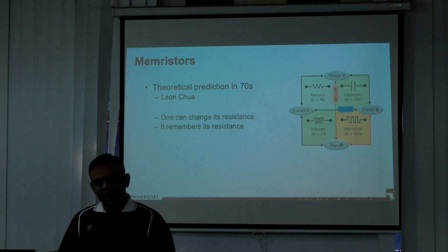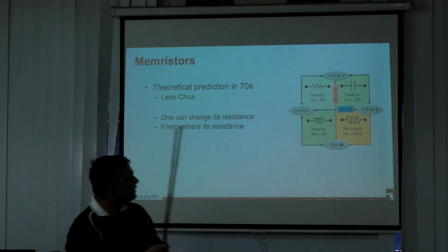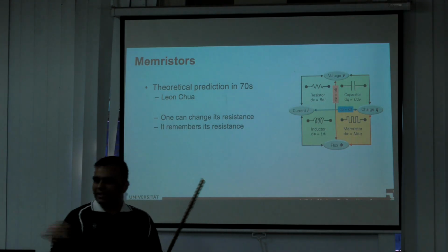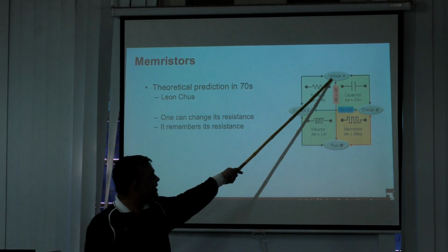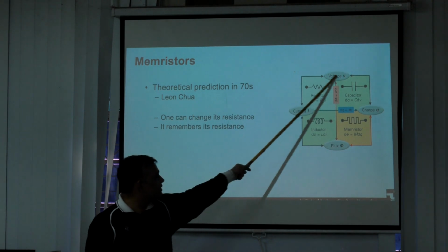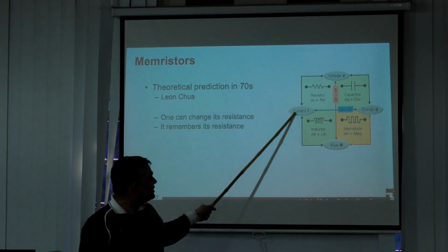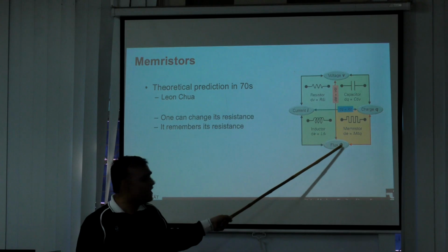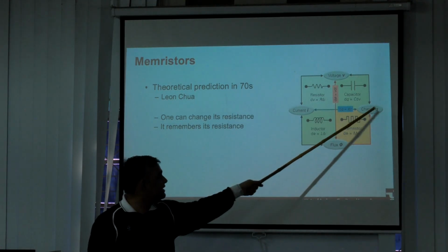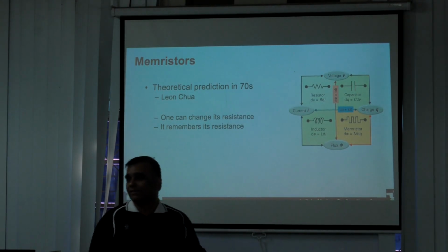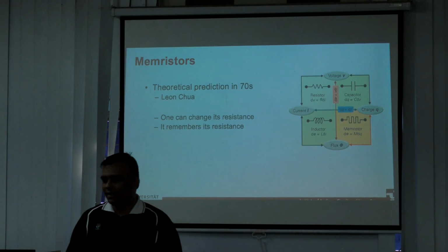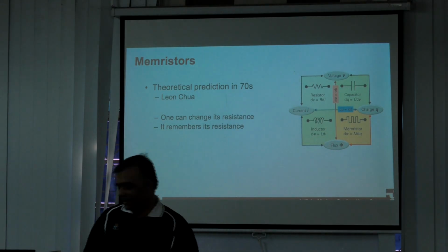So Leon Chua argued that if I put them all in a rectangular block, I have a relationship between this and this, between this and this, and between this and this. So there has to be something which relates charge and flux as well. There has to be a fourth fundamental element.